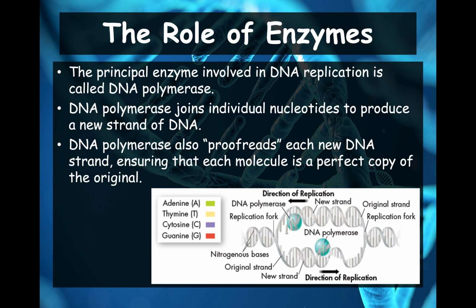A always binds with T, C always binds with G. So if A was accidentally bonded with a C, then DNA polymerase would see that mistake, take it off, fix it and put the T there so that the A binds with T. That's what it means by proofreading.